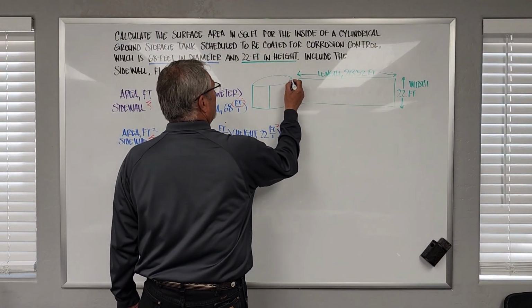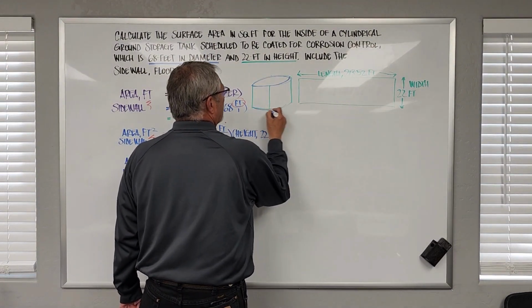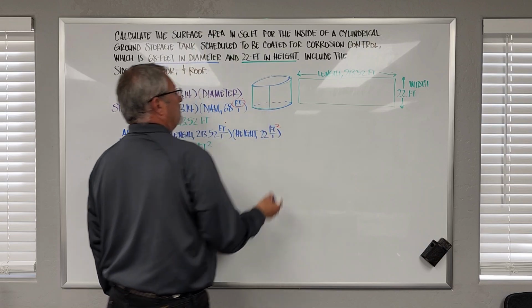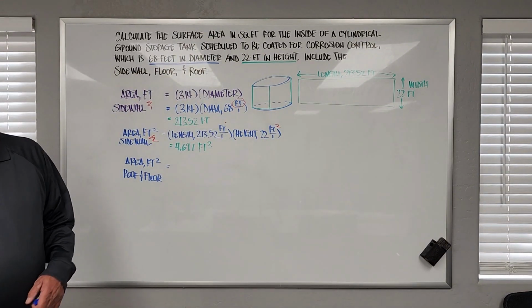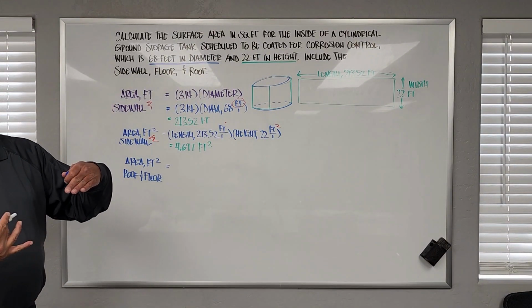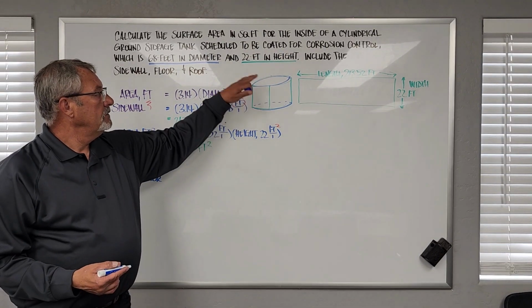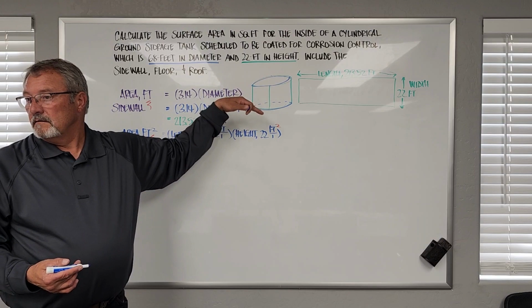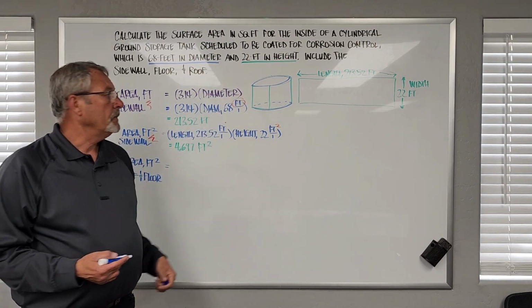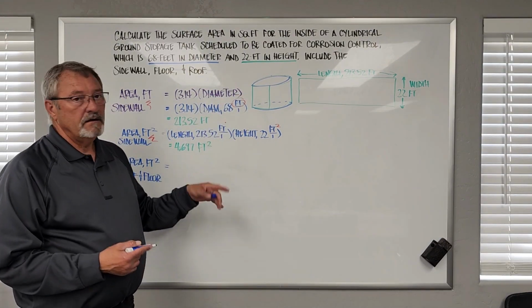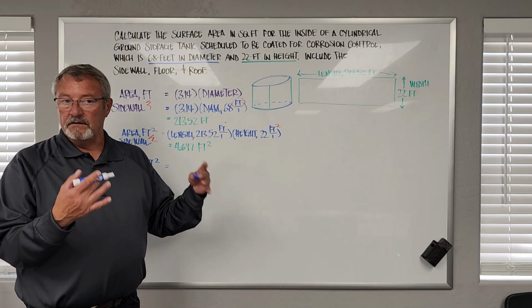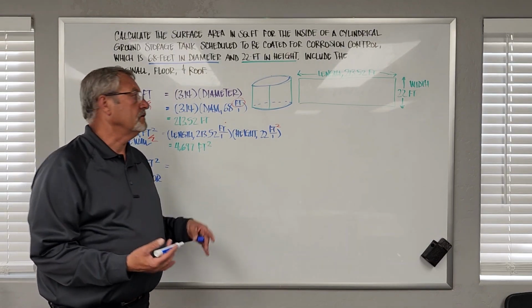This is the roof, and the floor is down there. So we need the surface area of both of those. How are we going to do that? Well, this is a cylinder, a circular object, right? So I need area of a circle. I don't need the whole cylinder, I just need area of the circle.